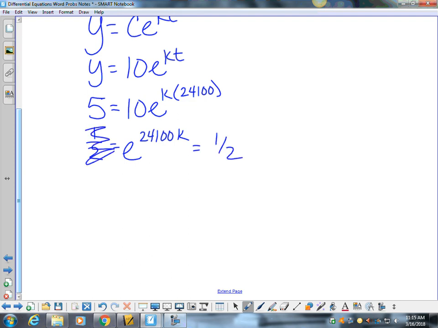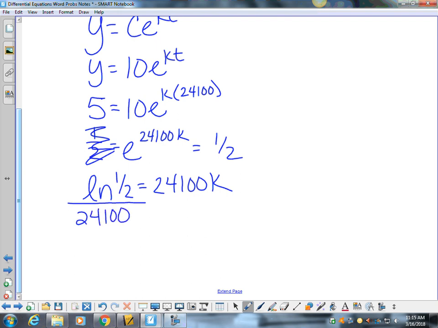All right, let's nail it. ln of 1/2 divide. I'll save you some buttons. Oh my. -0.0000287761.